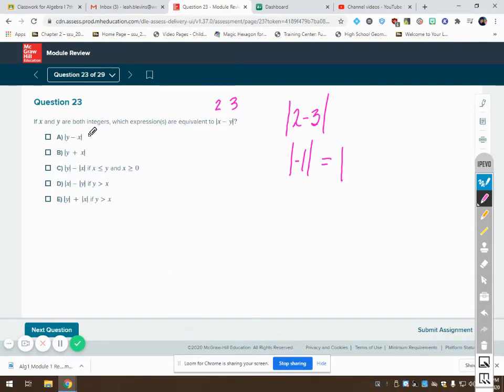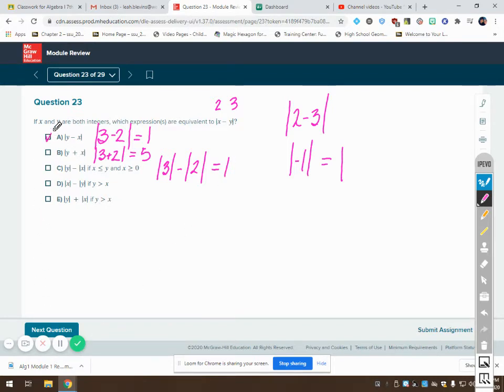So let's plug it in here. The absolute value of 3 minus 2 equals 1. The absolute value of 3 plus 2 equals 5. The absolute value of y, which is 3, minus the absolute value of x, which is 2, as long as x is smaller than y. The absolute value of 3 is 3, the absolute value of 2 is 2, and 3 minus 2 is 1.